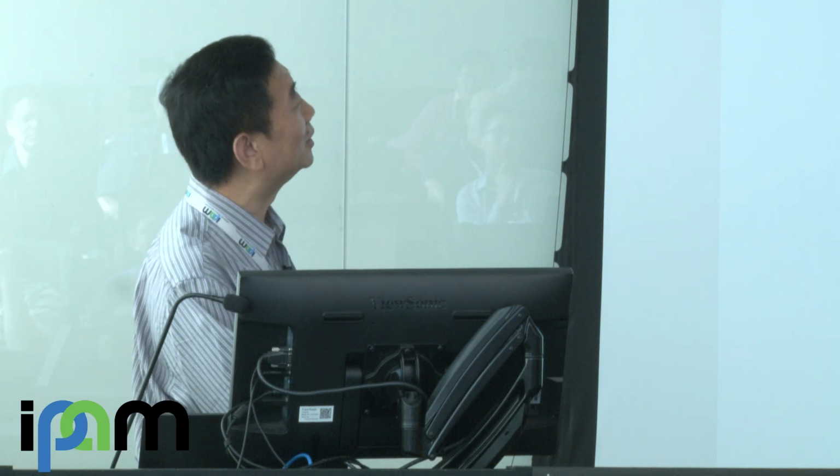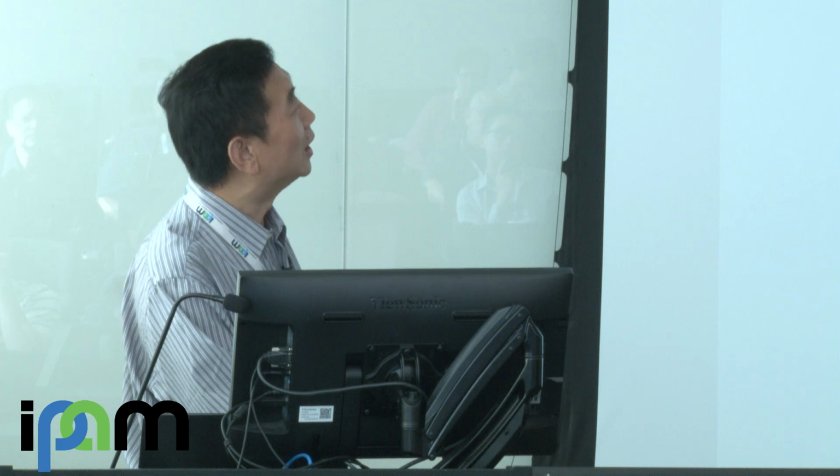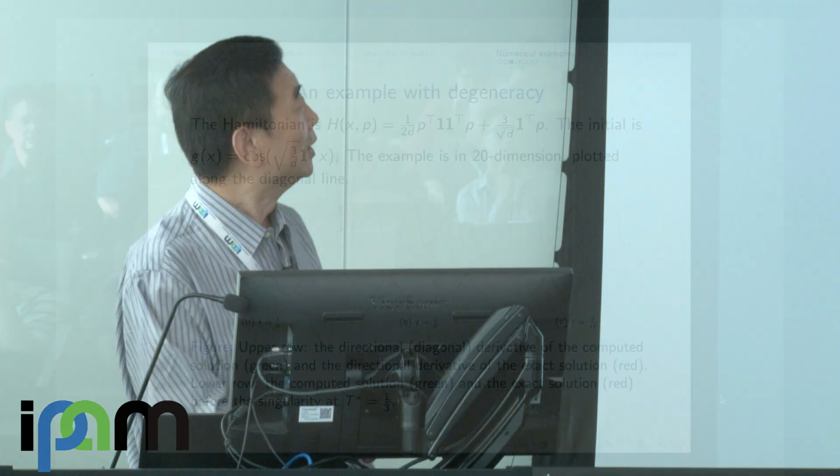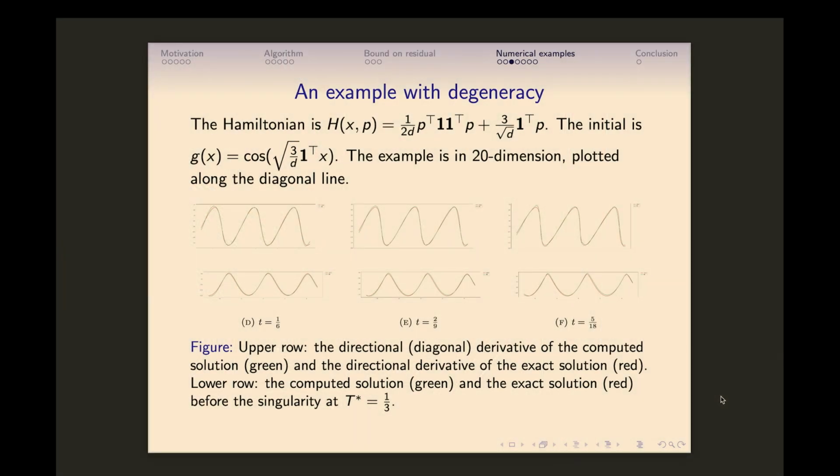This is another situation. I think it is in 20 dimensions, but it's a very different Hamiltonian, and the initial condition is a cosine function. This is again a situation where you can get the analytical solution to see how well the performance is. This is a slice, taking a diagonal line and looking at whether the solutions agree on that line.